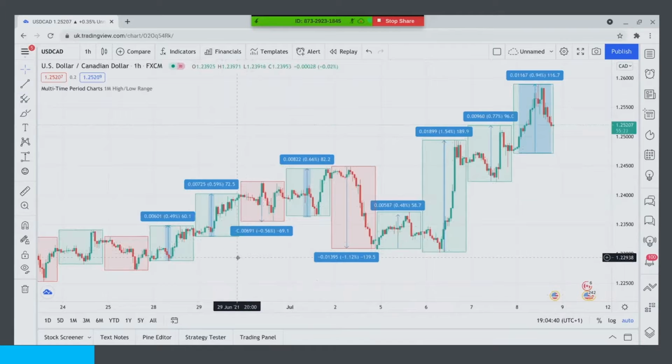Typically on a typical day, you can see we had here 60 pips, 72 pips, 82 pips, 69 pips to the downside, 139 pips, 58 pips, 189 pips, 96 pips, 116 pips. So you can see on a typical day, there's a variety of pip sizes, whether it's a low volume day, having 50 pips for the day, or whether it's a high volume day.